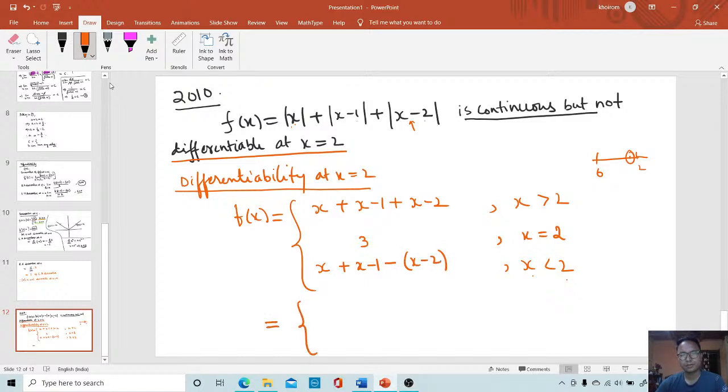So in short, the function is x plus 1 for x less than 2, and 3x minus 2 for x greater than or equal to 2.